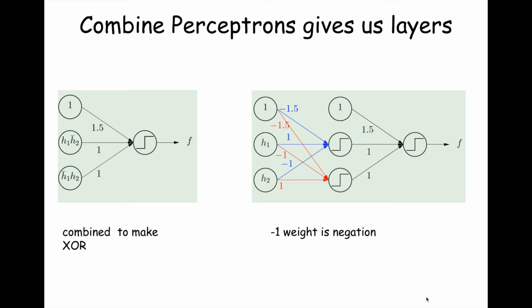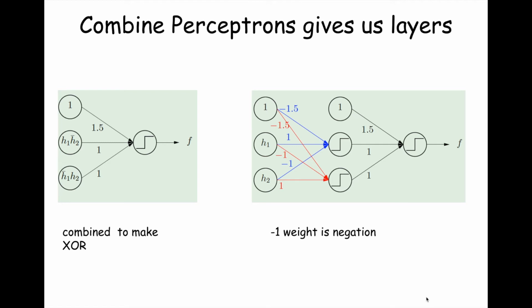Okay, so when we combine perceptrons, that gives us layers, right? We have our hypotheses, and we can now take these hypotheses and combine them to implement something that looks like exclusive OR, in the Boolean sense, but we're using +1 and -1 instead of 0 and 1.